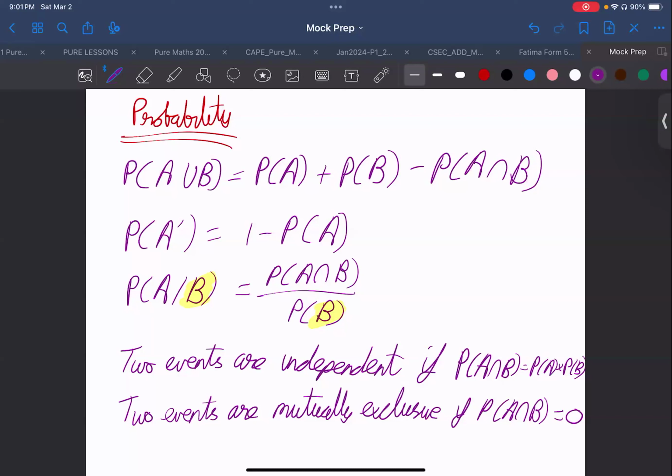Let's see what we could do. Right. Oh, one other thing. Probability of A only is equal to the probability of A minus the probability of A intersect B. Okay.